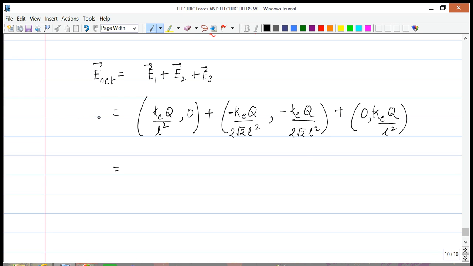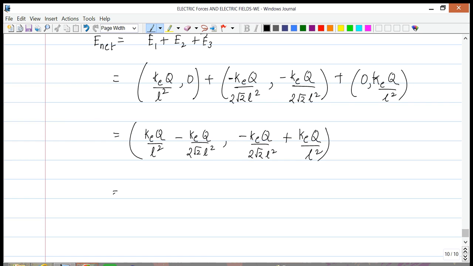Then you combine all this, and you end up getting Keq over L square minus Keq over 2 square root 2 L square, and the other component is negative Keq over 2 square root 2 L square plus Keq over L square.